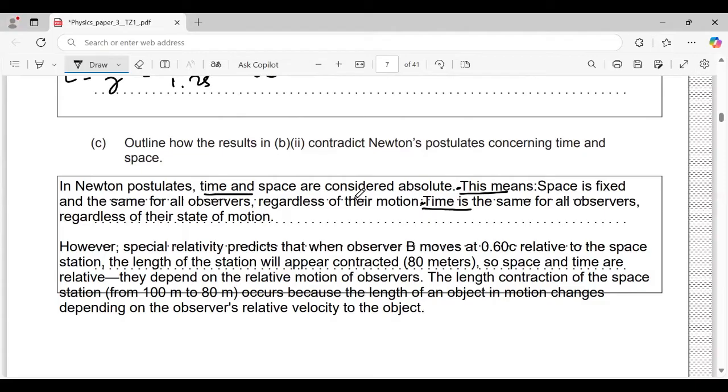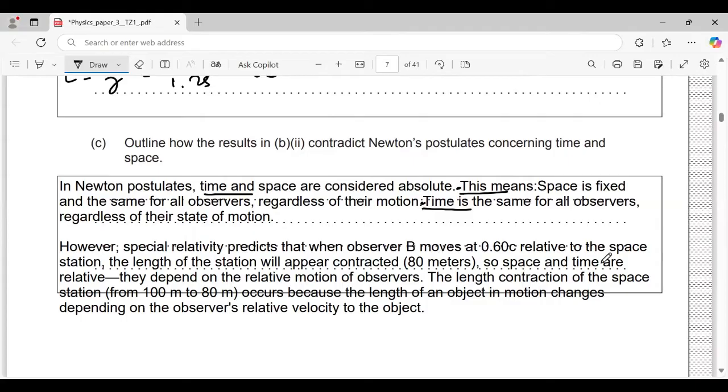However, according to special relativity, when observer B moves at 0.60 c relative to the space station, the length of the station will appear contracted to 80 meters.